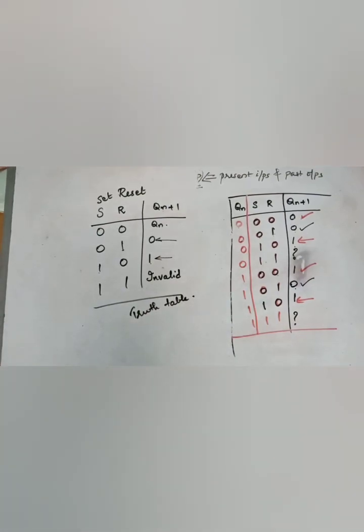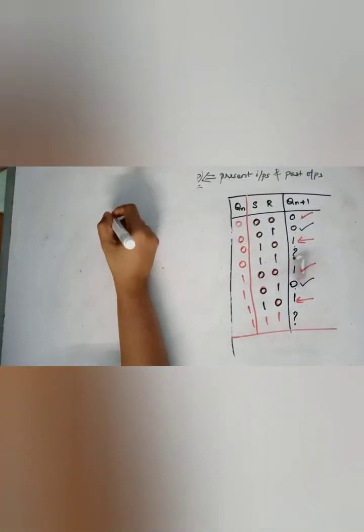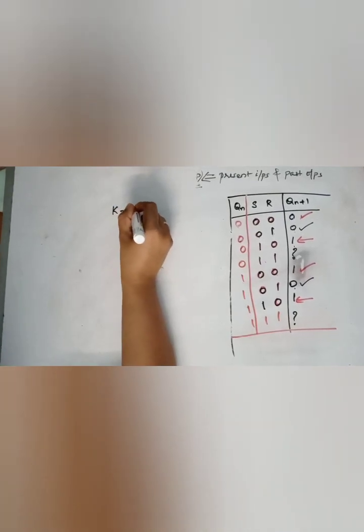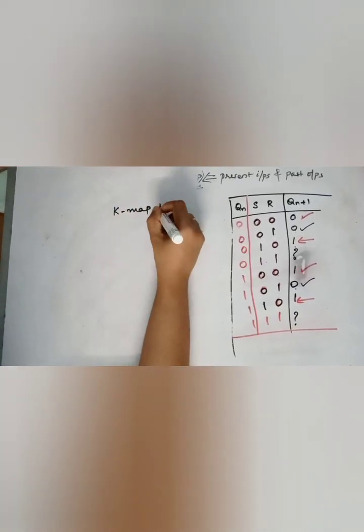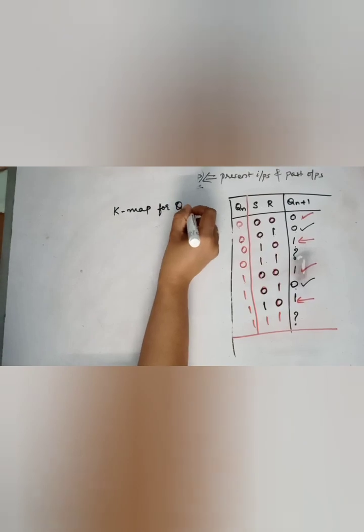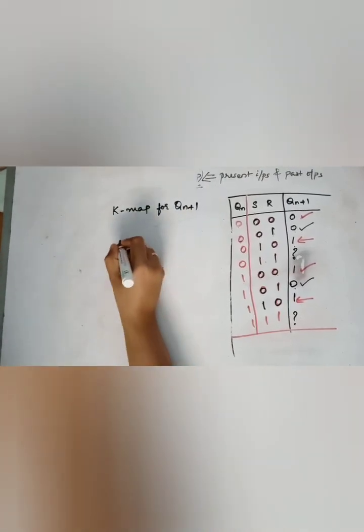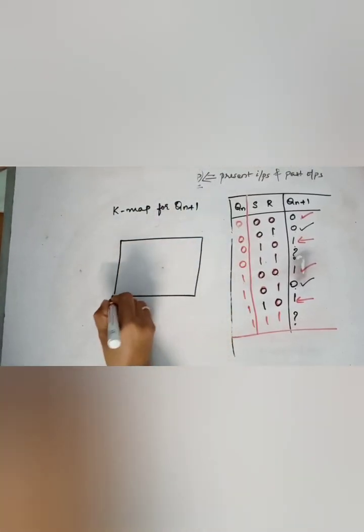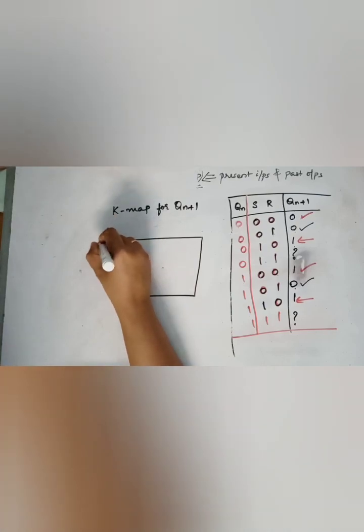And how do you find the truth table of a SR flip-flop? Now you can also write the equation for Qn plus 1 by writing the K-map for Qn plus 1. So what will you have here?